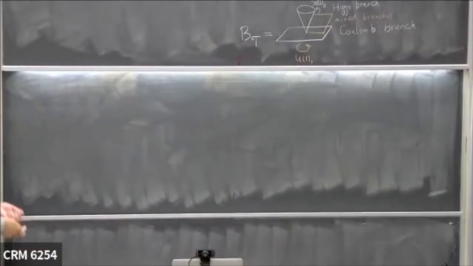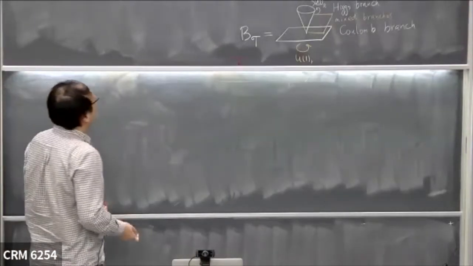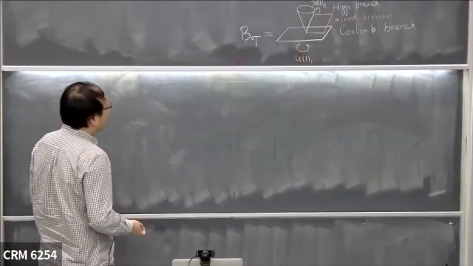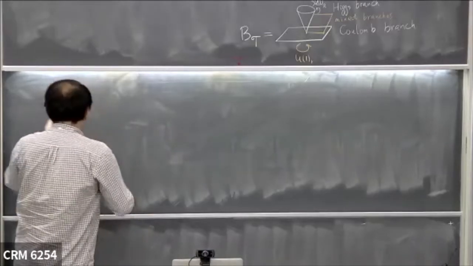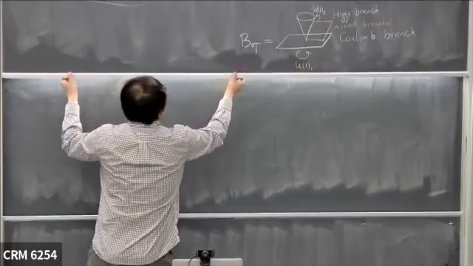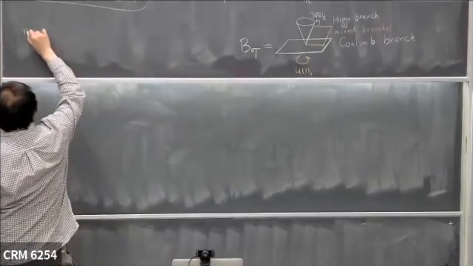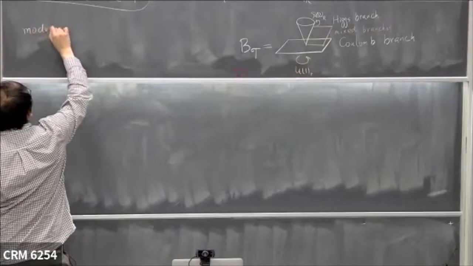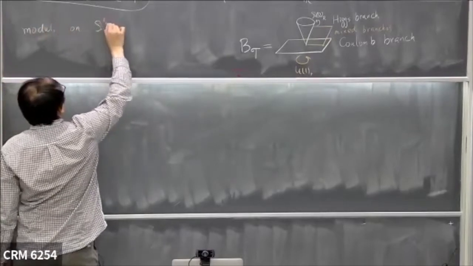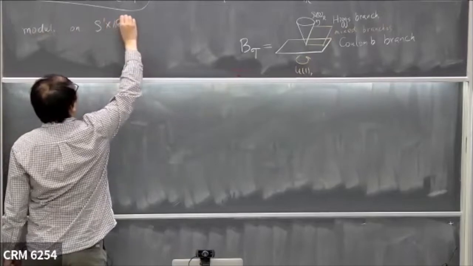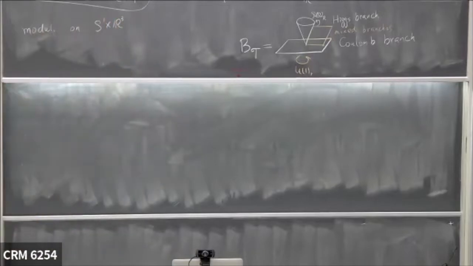And then you can also ask the question not on R4, but on another space that admits a flat metric. You can ask what is the moduli space of vacua on S1 times R3.